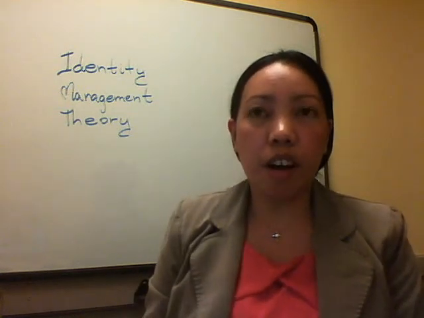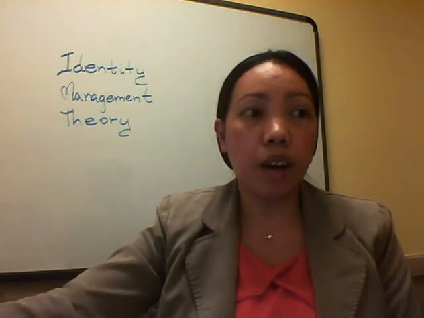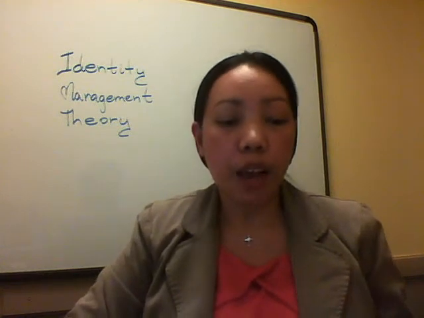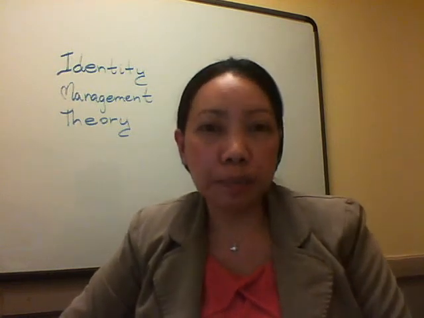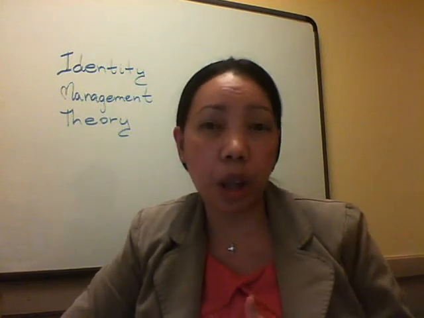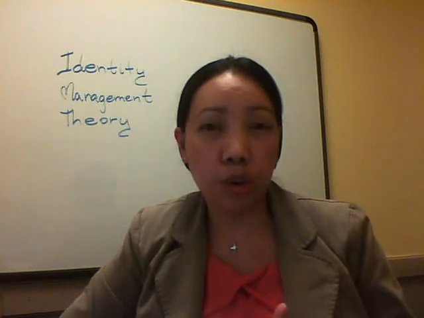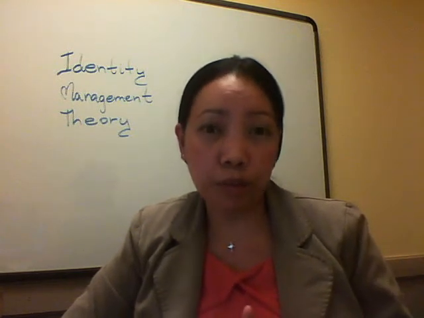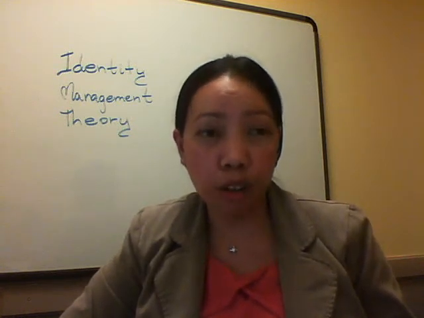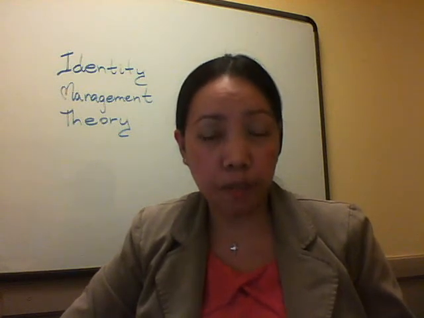Another component of IMT focuses on face, or face work. Face refers to the socially situated identity of a person, and there is what we call positive face, which refers to acceptance and approval from others, and negative face, which focuses on independence and freedom from imposition.